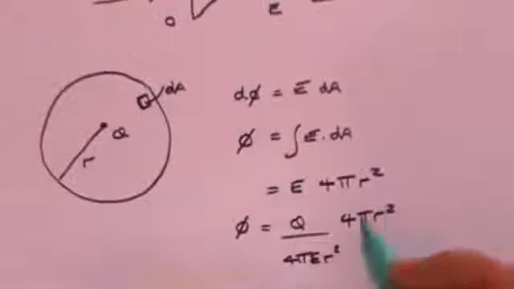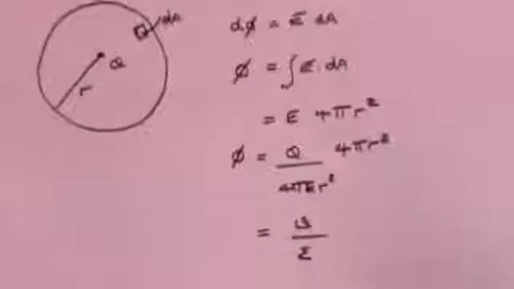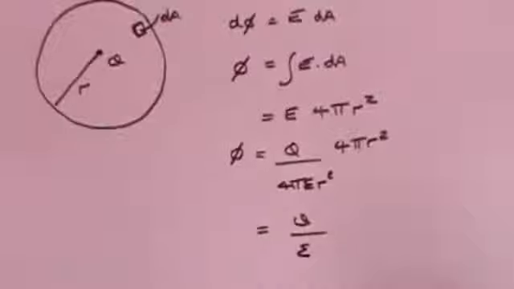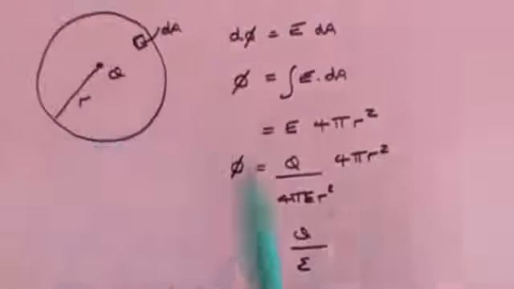And you'll see that the 4 pi r squareds cancel out, leaving you with Q over epsilon. So the total flux passing through the entire surface of this sphere is equal to the charge divided by a constant, which is the permittivity of free space.